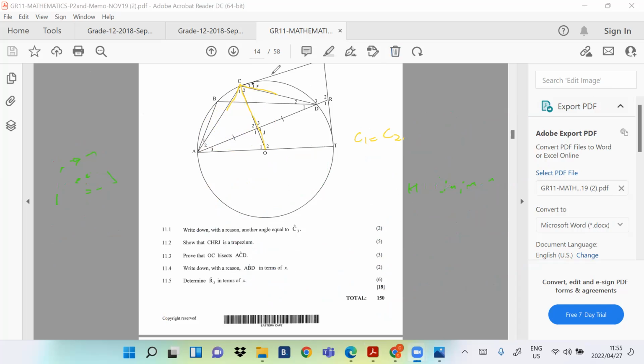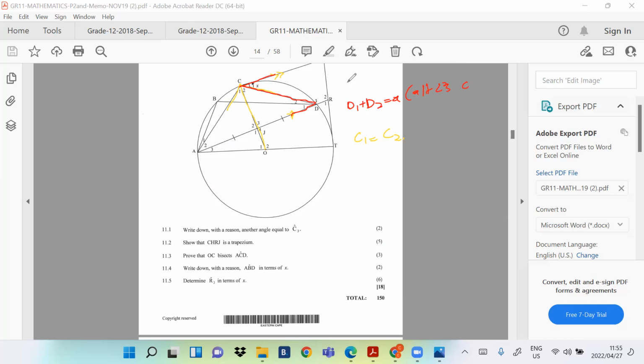We have already proven that this line is parallel to that, because we proved the trapezium. And if that line is parallel to that, we can get some angles to be equal. So D1 and D2 will be X, because those are alternate angles.